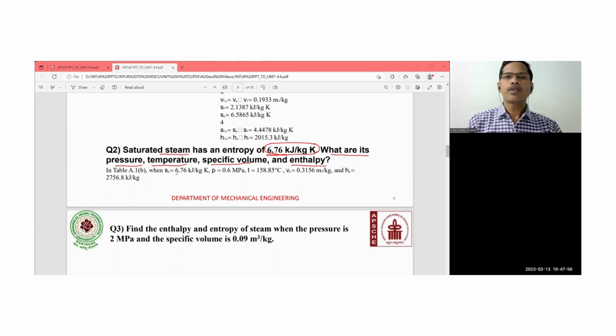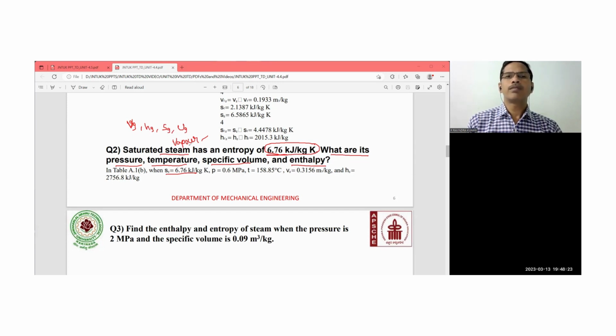Corresponding to this one, that is the Sg, because saturated steam means it is a vapor. In the vapor state, you have to note down the specific volume Vg, enthalpy Hg, entropy Sg, and internal energy Ug.